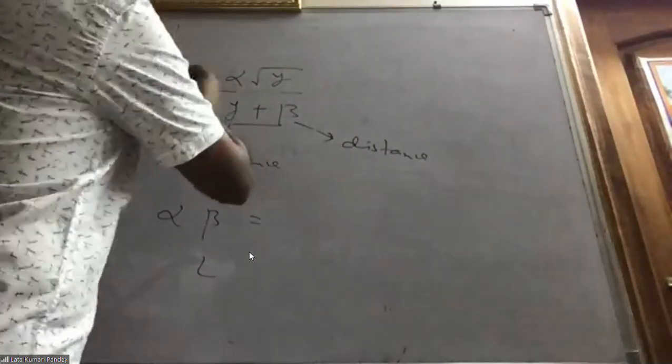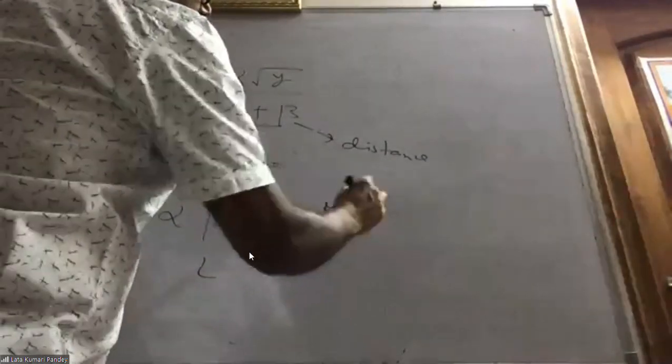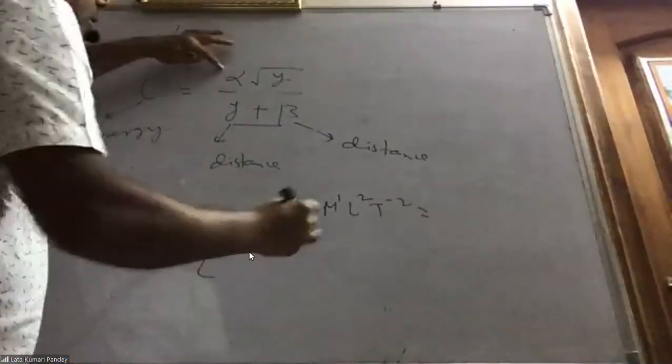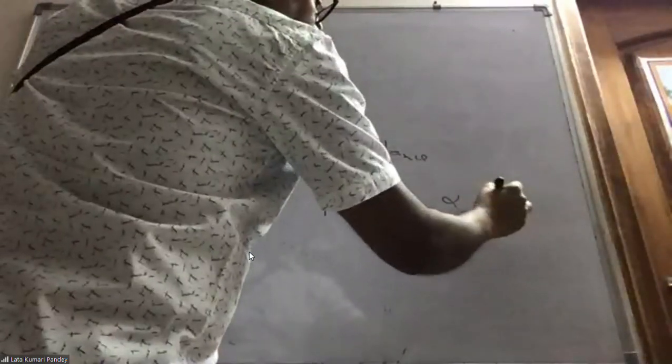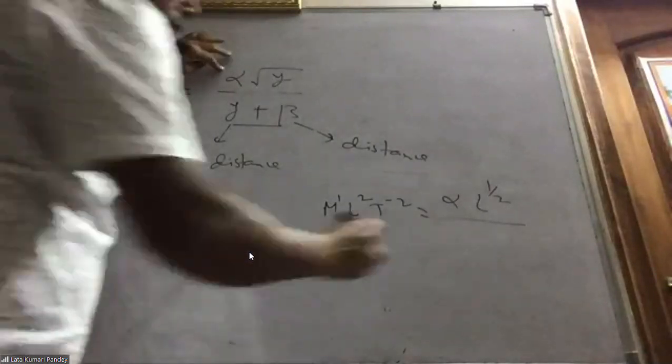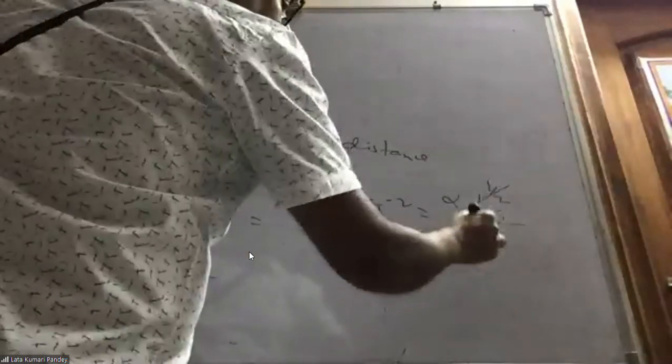So what we get? For U, we can write M power 1, L power 2, T power minus 2. Alpha root y is nothing but L power half, and here L plus L is again L. This can be cancelled. This becomes L power half.